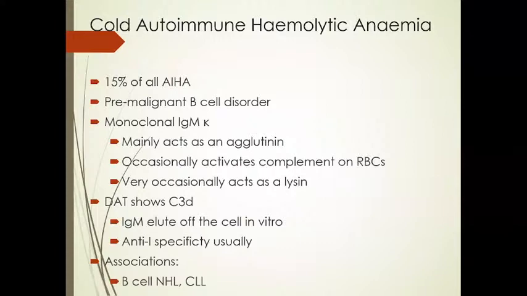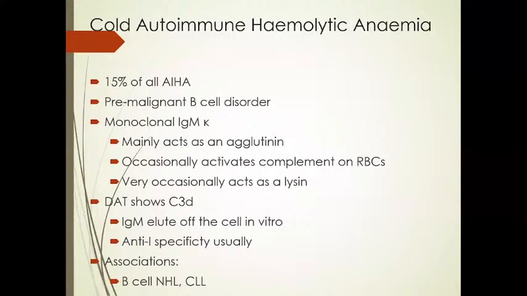If you see a cold autoimmune hemolytic anemia, you really should screen and see, does this patient have an LPD? What's going on? Generally, the antibody involved is an IgM that acts as an agglutinin and activates complement on the red cells. It may also occasionally act as a lysin itself. So in this case, your Coombs will be positive, but it's the complement C3d that would be positive.